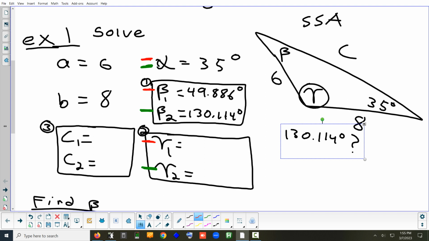So A is in the red problem, B is part of the red problem, and C1 are the 3 sides in the red problem. A is in the green problem, B is in the green problem, and C2 is in the green problem. So if you look at that, you should see 3 red sides, 3 green sides, 3 red angles, 3 green angles. And there is some shared pieces of information. 3 pieces are shared.